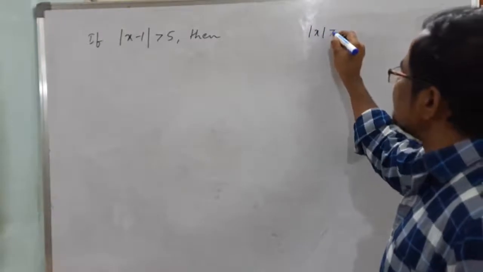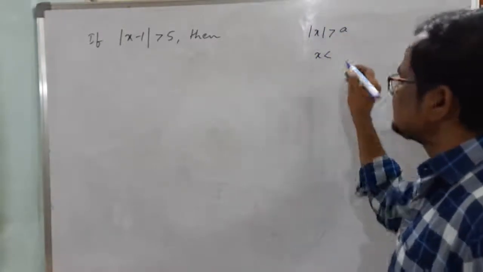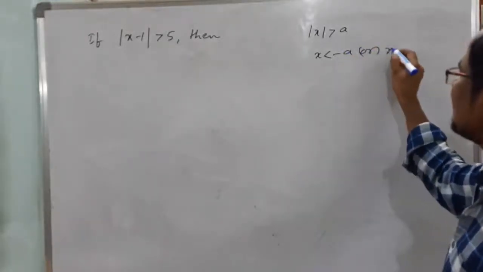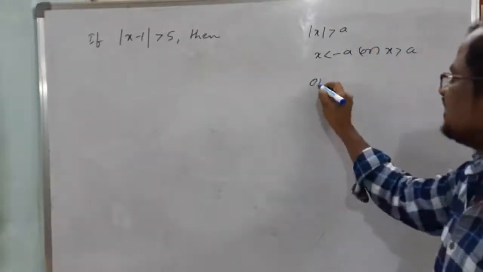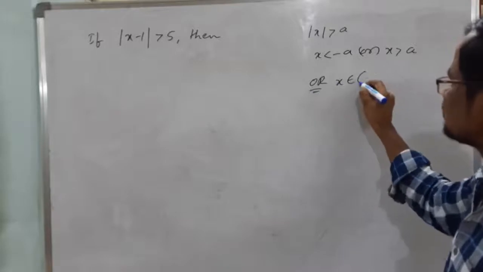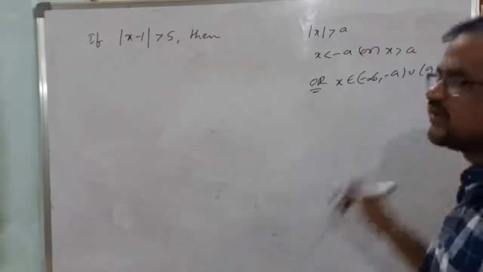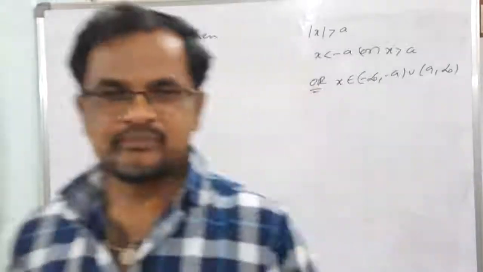By the relation, modulus of x greater than a means x less than minus a or x greater than plus a. In terms of intervals, x belongs to minus infinity to minus a union a to infinity, that's it.